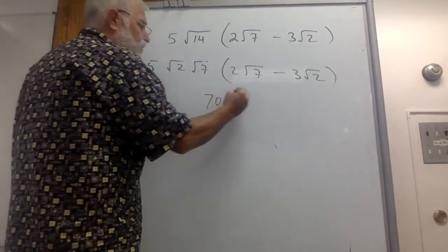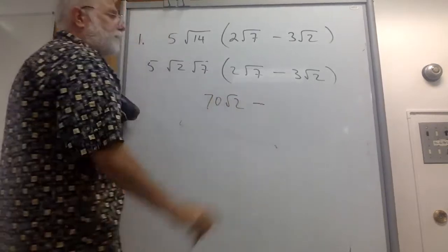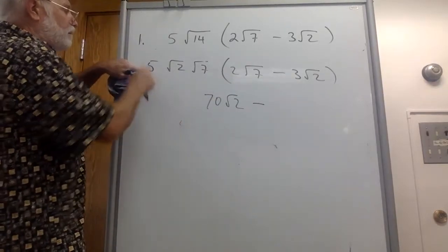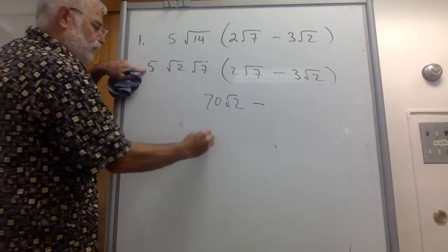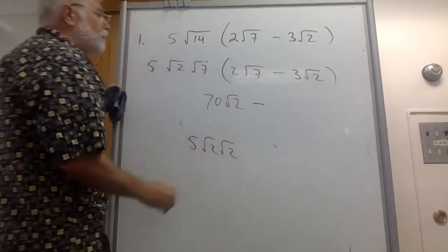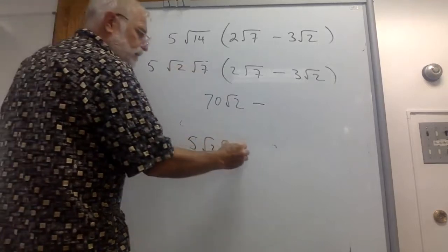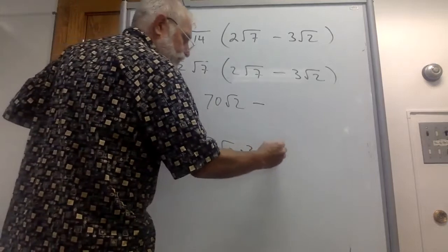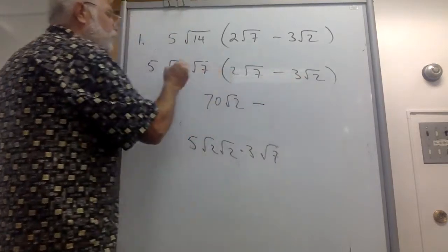70 root 2 minus this one here is going to be rearranging it. I'm going to get 5 times root 2, and there's a root 2 over here. And there's a root 7 here, but there's a 3 here. So I don't even put the 3 there, and then the root 7. Let me count. 1, 2, 3, 4, 5.